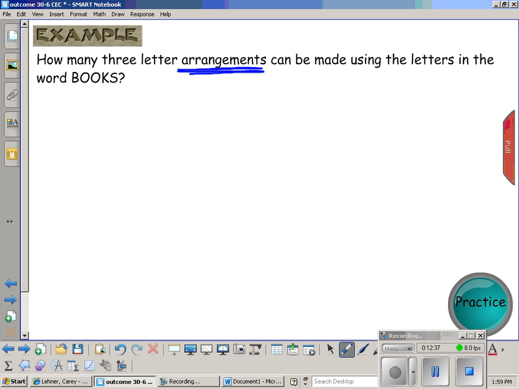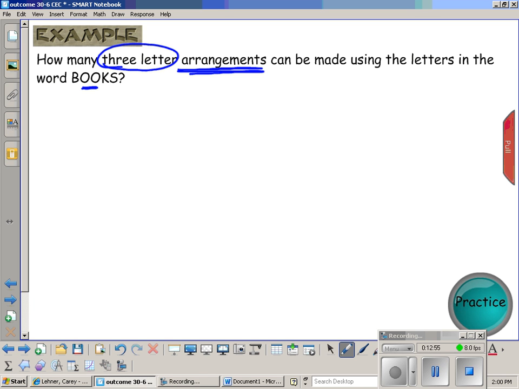But we've got a little bit of a situation here. We're only going to choose 3 letters. We've got some repetition. So we have to consider the options. There are some cases here.